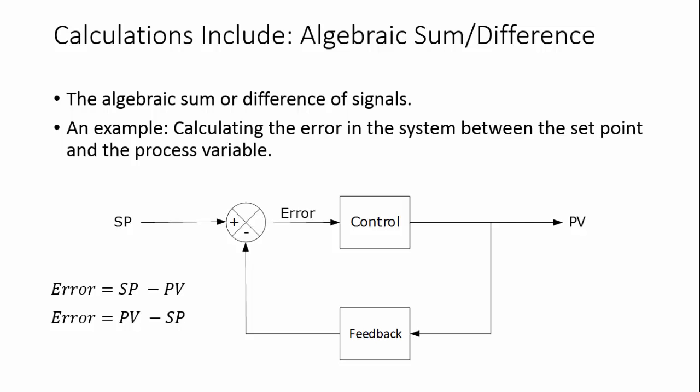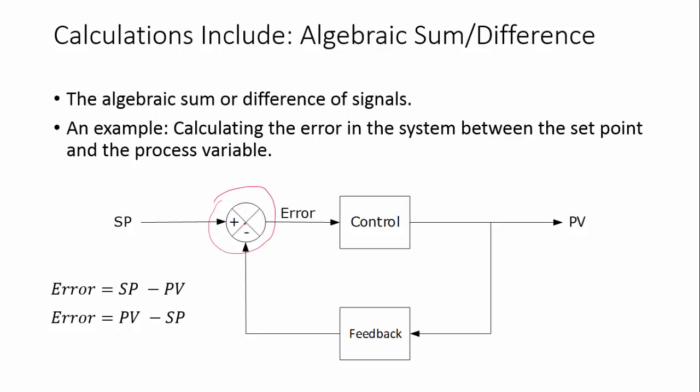And one of these is the algebraic sum or difference. In this block diagram that you see, this is calculating the error in the system between the set point and a process variable. So you have all been exposed to summing junctions in an earlier part of this course.